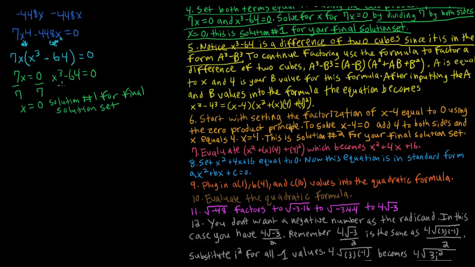So right here we have x to the third minus 64, and it is a difference of 2 cubes because you have x to the third and then 64. Well, 64 is just 4 cubed, so minus 4 cubed.